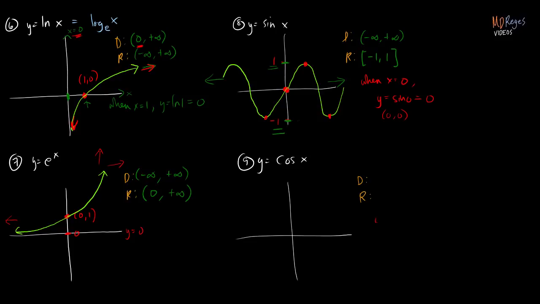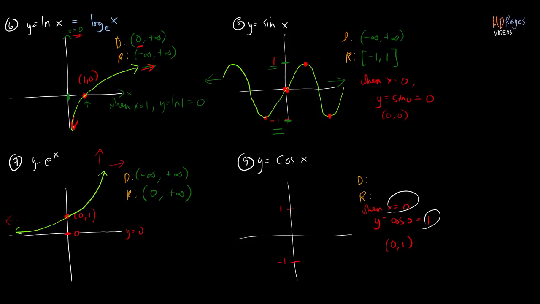But then for the cosine function, whenever x is equal to 0, y is equal to cosine 0. Cosine 0 is not 0, but is equal to 1. Okay? But still, the highest and the lowest points of the graph happen at positive 1 and negative 1, respectively. And then, as you can see, whenever x is 0, y is equal to 1, so it passes through the point (0, 1).